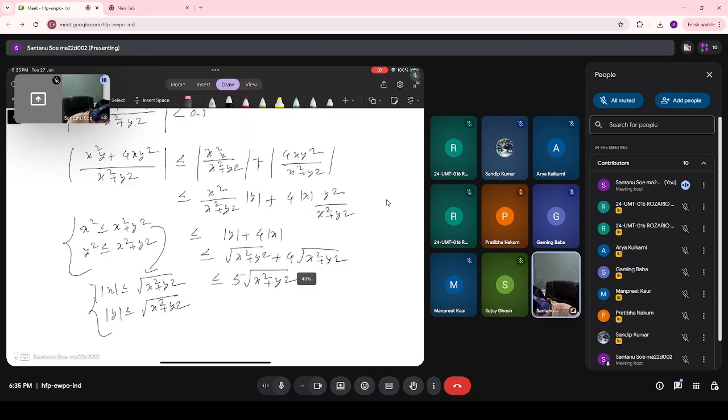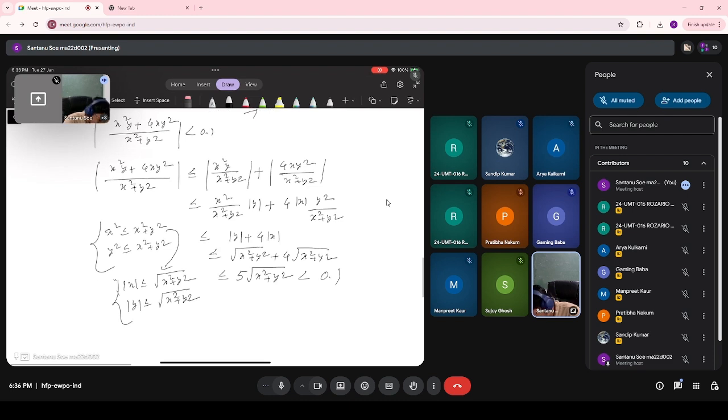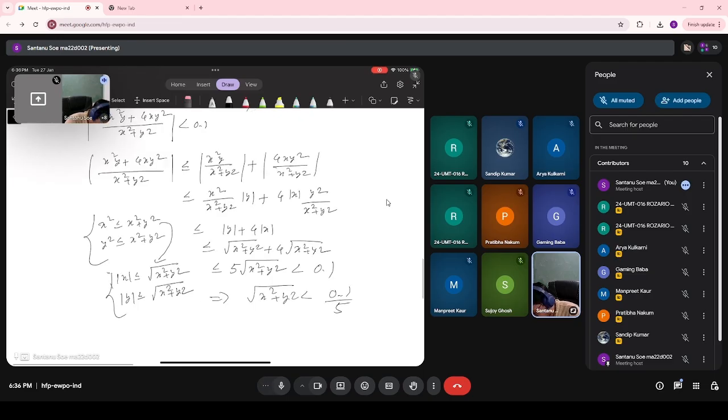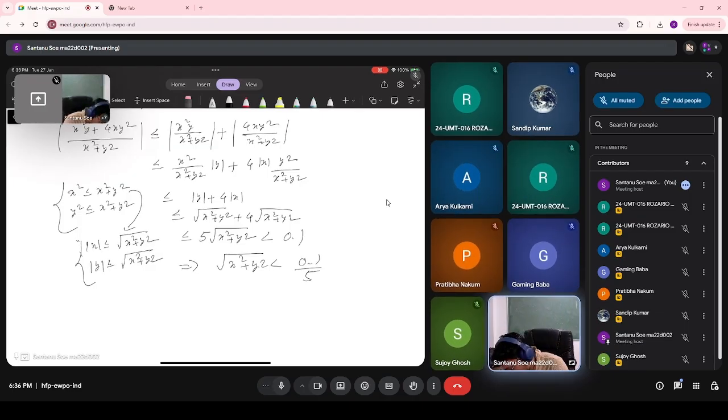Now they have asked when this will be less than 0.1, correct? This implies that √(x² + y²) is less than 0.1 divided by 5. So what is 0.1 divided by 5? This is 1/10 times 1/5, so this will be 0.02, right?